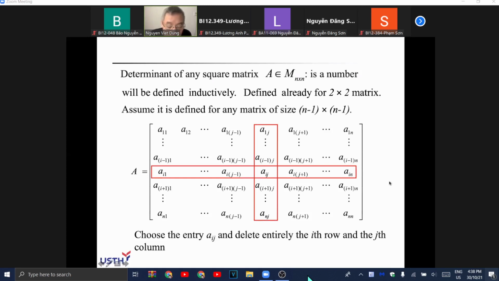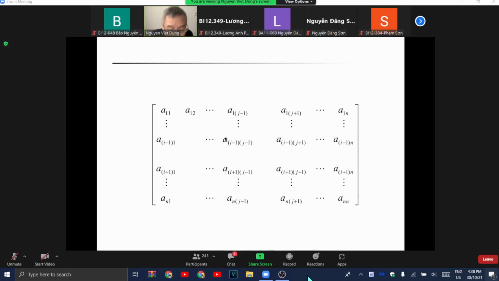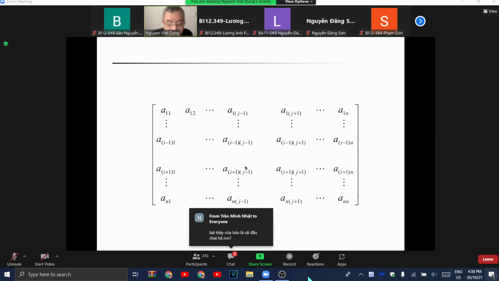After deleting those things, they left that. However, you should remember that we get that because we choose an entry a_ij at this position. And that one is already n minus 1 by n minus 1.